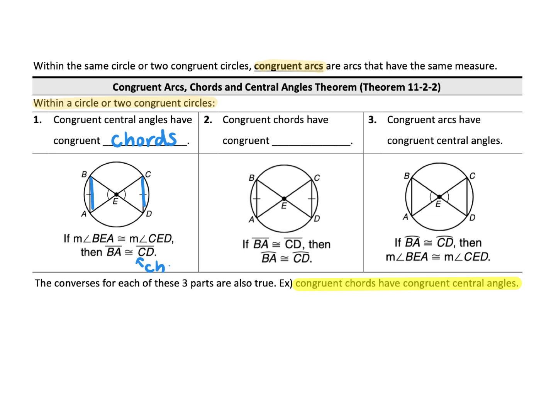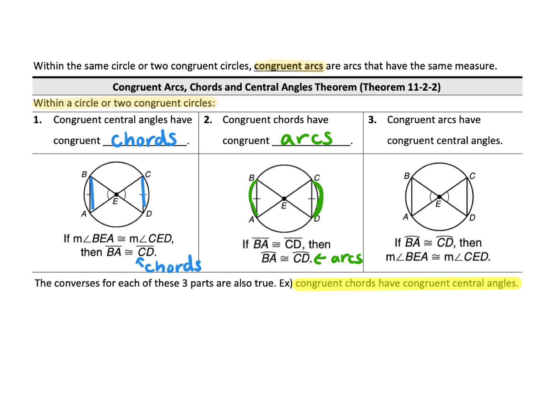So chord BA is congruent to chord CD. For part two, congruent chords have congruent arcs. So this time we're given that BA is congruent to CD, and we're able to conclude that arc BA is congruent to arc CD.